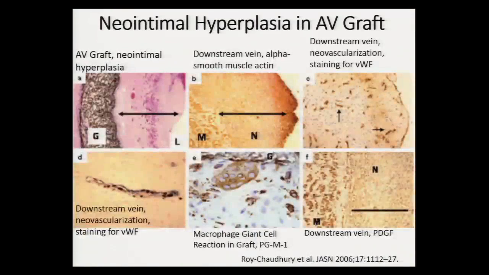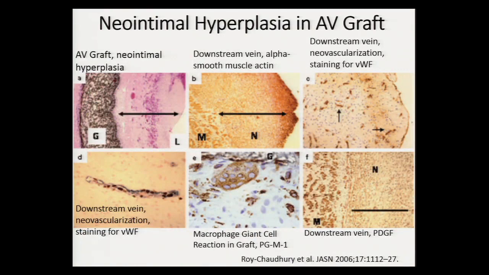Okay, and this process of neo-intimal hyperplasia has been well characterized. You have thickening of the intimal layer in the vein. It's thought to be due to myofibroblasts that migrate into the intima, and this is shown by alpha smooth muscle actin stain. There's neovascularization in the neo-intima, shown by von Willebrand factor staining.